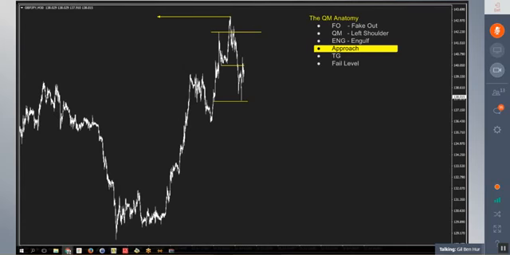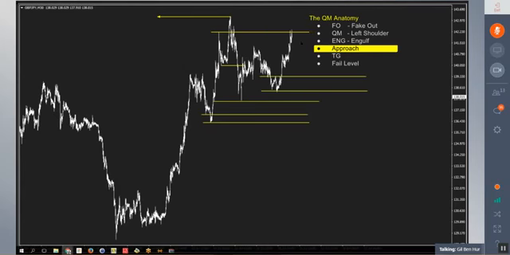But once we have the approach, now we have new PA to consider to define our target.